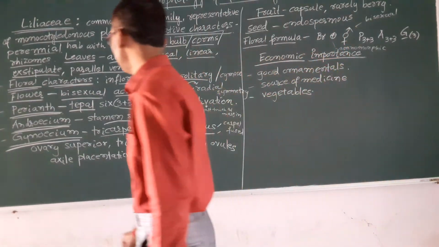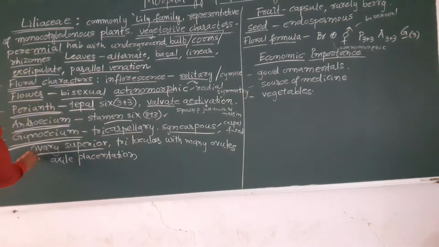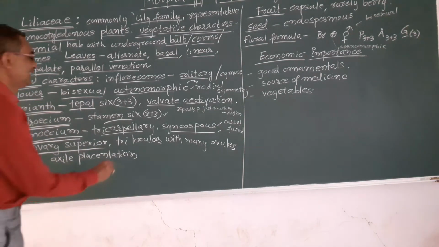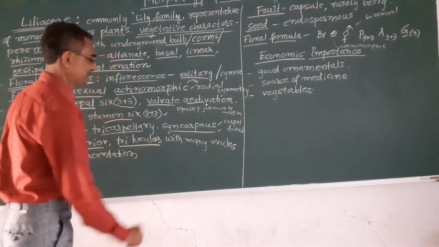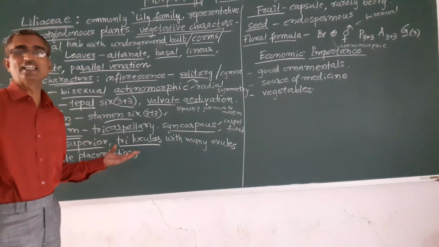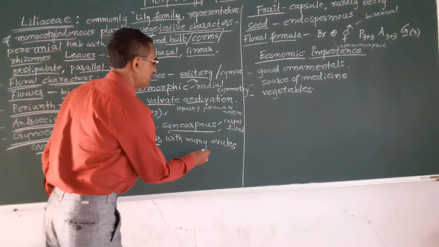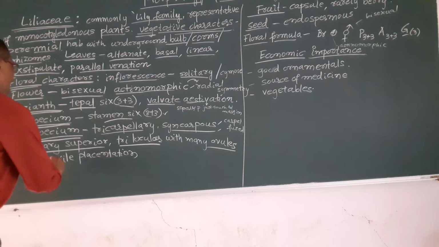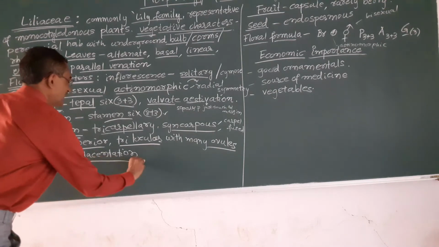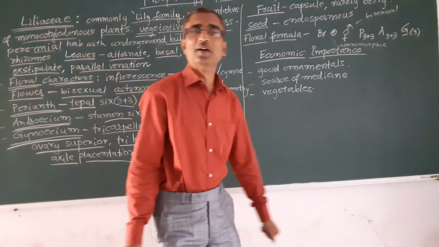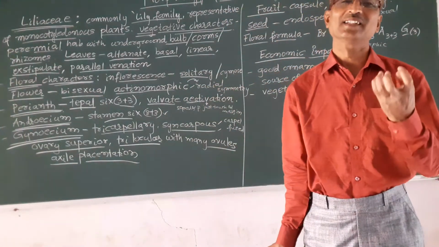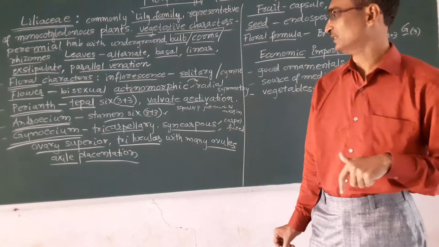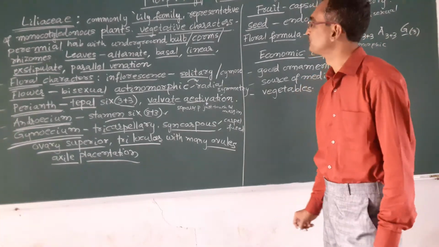The ovary is superior, that means the ovary is above the other parts, and it is trilocular, having three chambers, with many ovules. They have axile placentation, that means the ovules are attached at the center, with the three chambers.